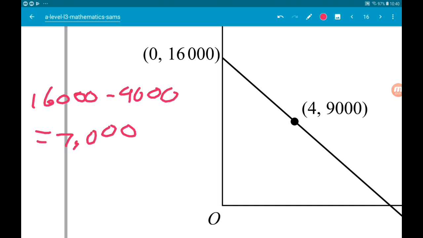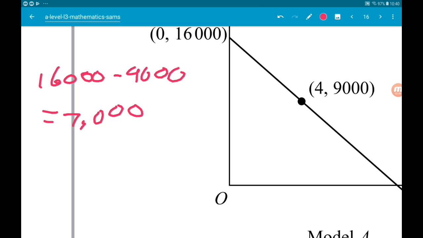7,000. Now that means that each year it's going down by 7,000 divided by 4. So 7,000 divided by 4 is 1750.